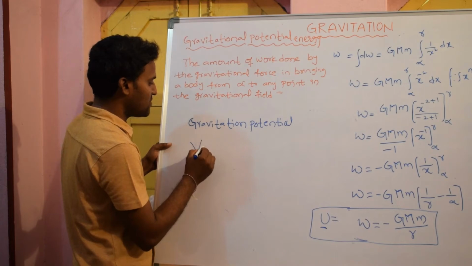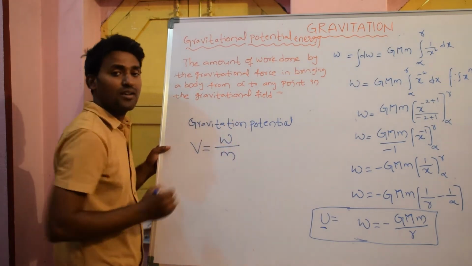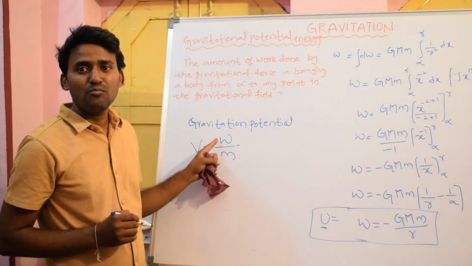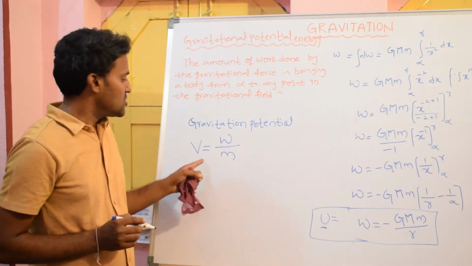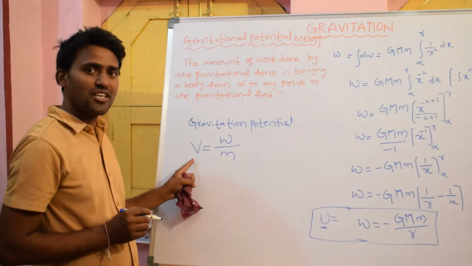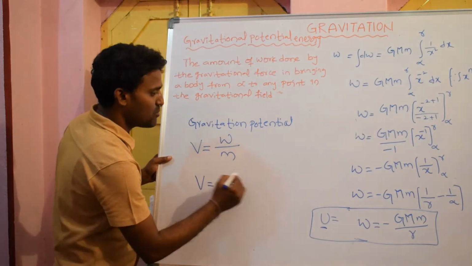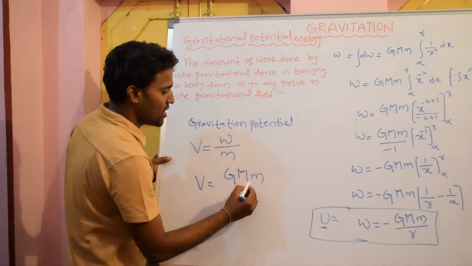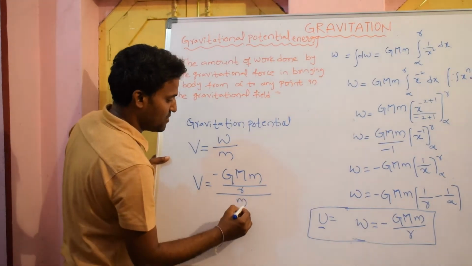Gravitational potential V is equal to W divided by m. It is nothing but the work done per unit mass. So gravitational potential V is equal to W by m. W is GMm divided by r, whole divided by small m.